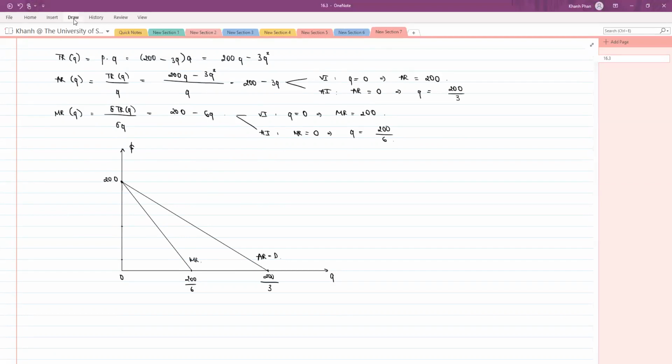Okay, and the last thing I want to do is the marginal cost, which is equal to 20. Okay, so this is 200. So I say it's 100 over here. So this is 25. Okay, so 20 will just be roughly around here.